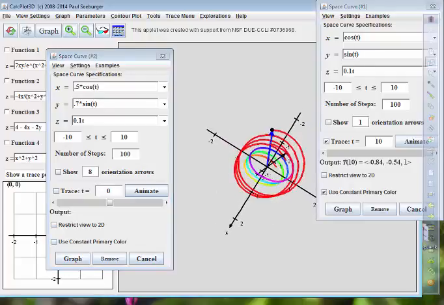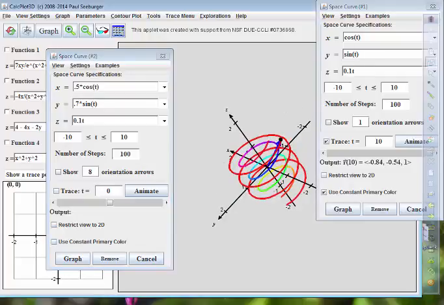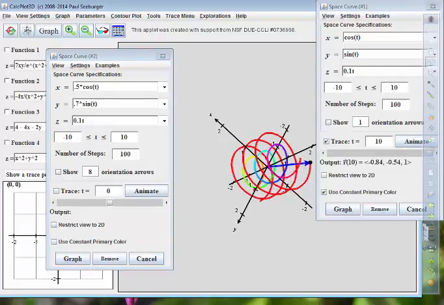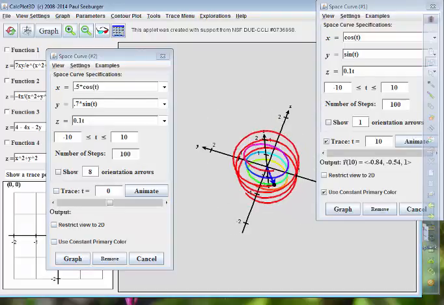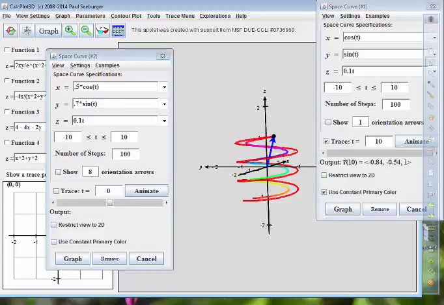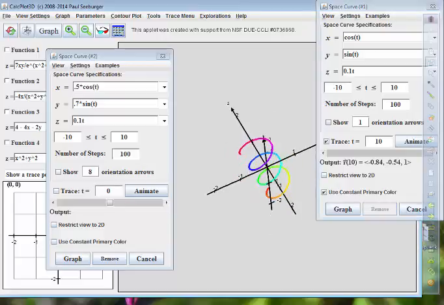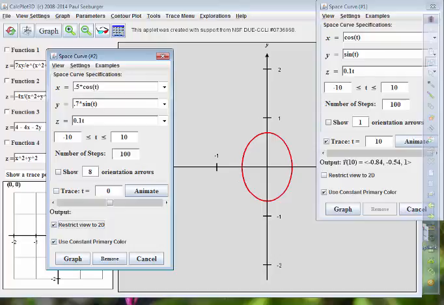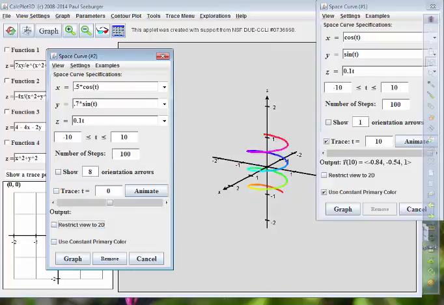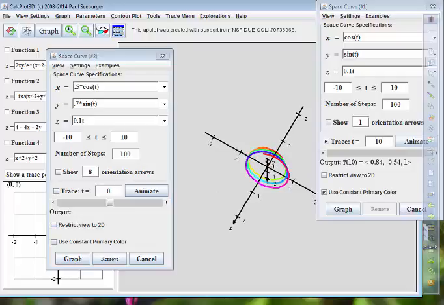After you draw it, you can move this around so you can view it from different angles. And then you can remove a graph if you want, so you could just focus on one of them. Restricted to 2 dimensions. Let's do this one. And so this is the view from the top, and this is what you would see if you were to look at it from the top.